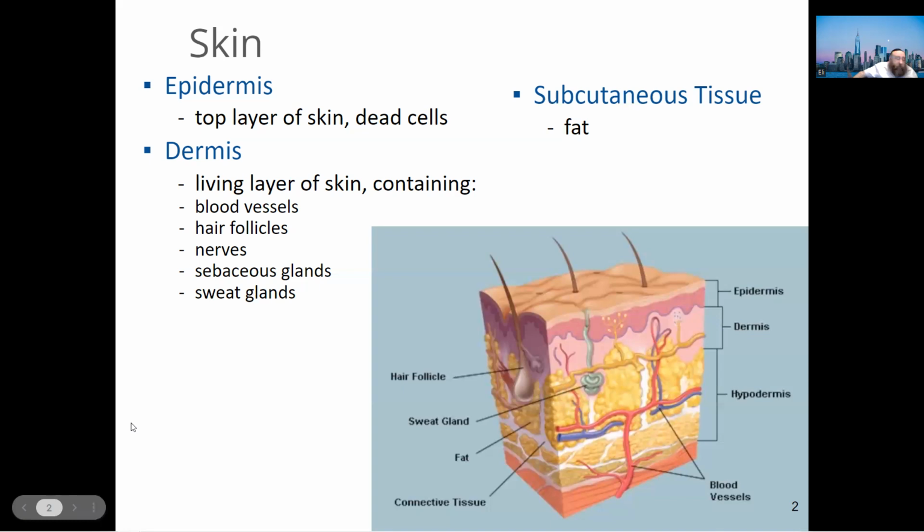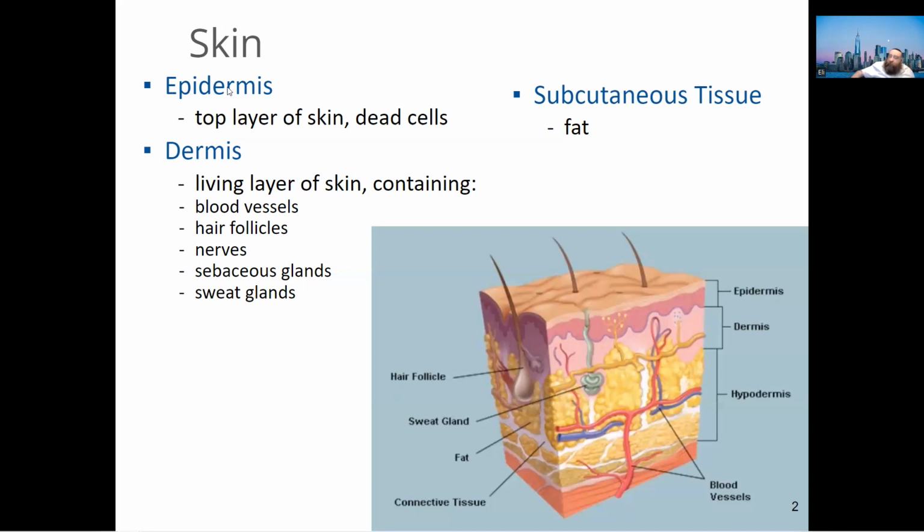So since tonight we're talking about soft tissue, let's go over the anatomy of the skin. And there are only 3 parts or layers that you as an EMT must be familiar with. There is the top surface of skin that you see when you talk to somebody or you see their hands or whatever.